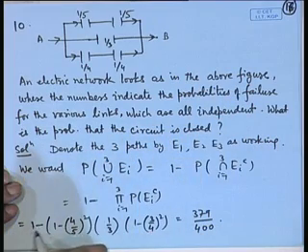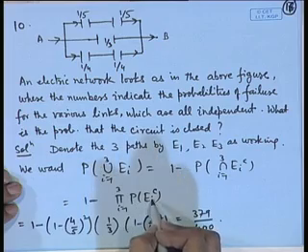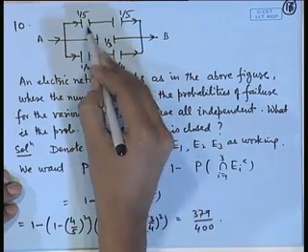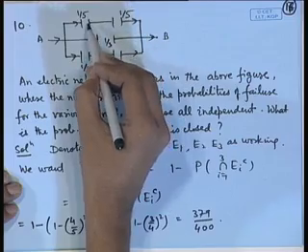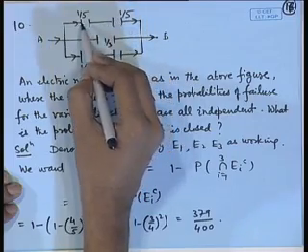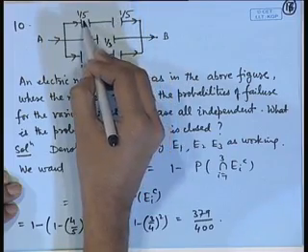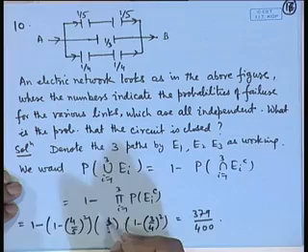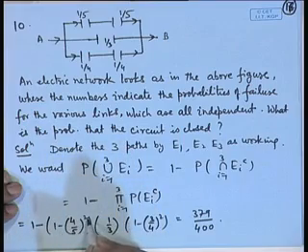Now, here it is 1 minus, now here probability of E1 complement. So, E1 complement means that this circuit is not working. It is not working if either of this is failing, or it is working if both are working, that means 4 by 5 is square. So, it becomes 1 minus 4 by 5 square.